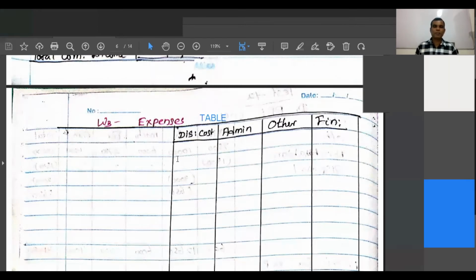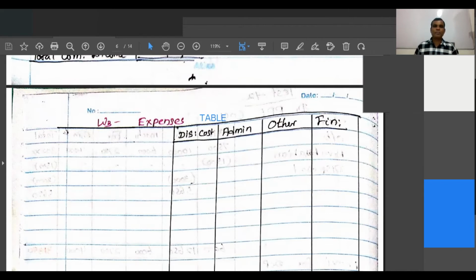In the expense table, you can draw 4 columns: distribution expense, administrative expense, other expense, financial expense. Here you can write the item, and if that item is related to distribution, you take it under distribution.